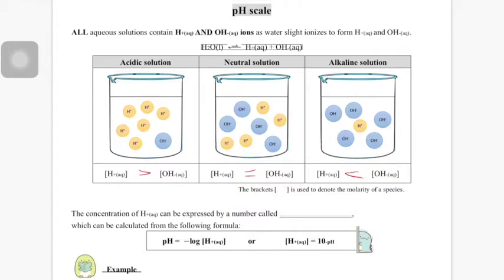For example, if we want to represent the molarity or concentration of hydrogen ion, then we use a bracket and put H plus inside the bracket to represent it. If we know the concentration of hydrogen ion, then we will be able to work out the pH value.